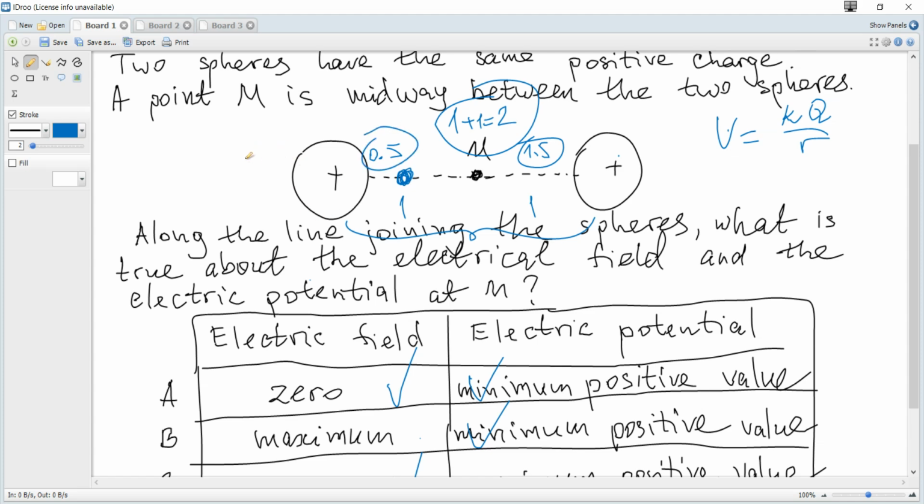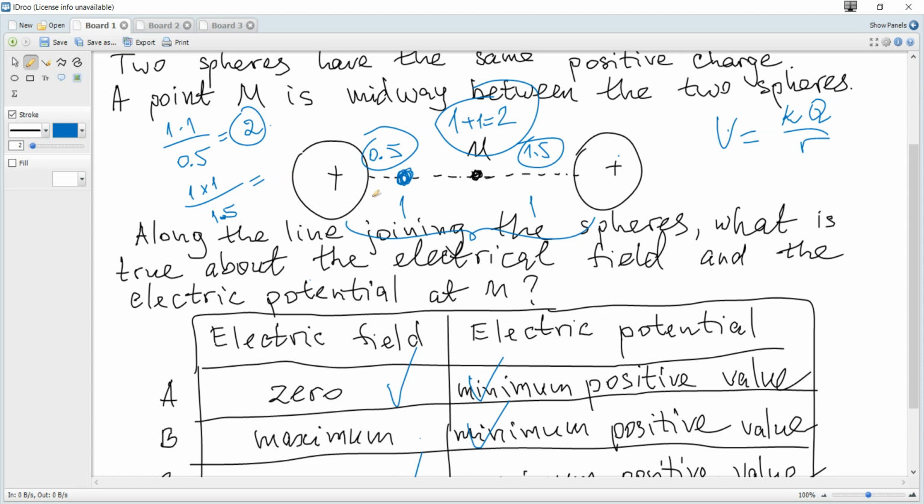For this charge it becomes 1 times 1 over 0.5, which is 2, and for the potential produced by the other charge at this point, it becomes 1 times 1 divided by 1.5, which is something positive, greater than 0.